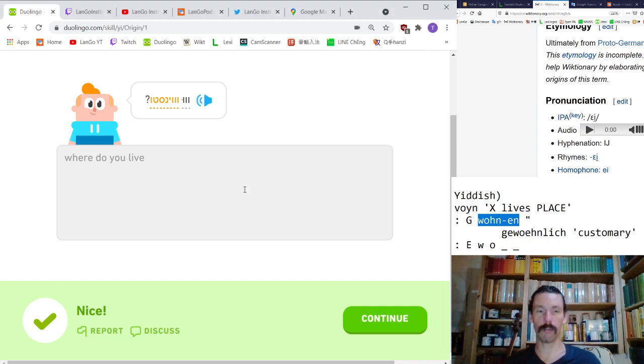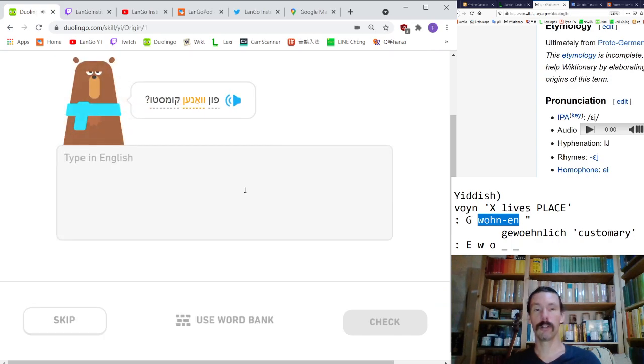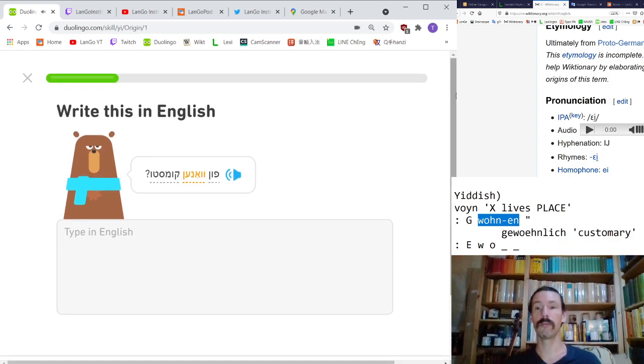Wie wohnst du? Von wannen kommst du? Fin wannen. Yeah, fun becoming fin. Wannen is a nice one. That was part of my experience of German still in archaic literary context. Von wannen is a special ablative form, from where. Von wannen kommst du? English has the archaic word whence.